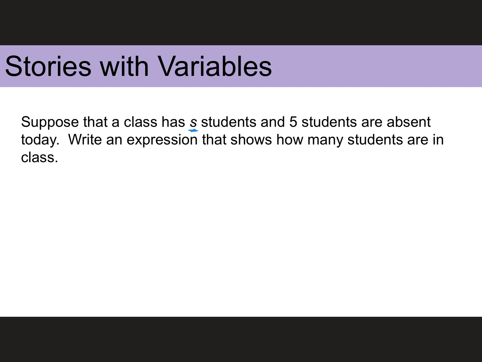Now, to know how many students are in class, we actually cannot figure that out because we don't know what S is, but that's okay. We know that S represents the number of total students in class and that today 5 are missing. So here is my expression. How many students in total, which is S minus 5. S minus 5 is my expression for this situation.